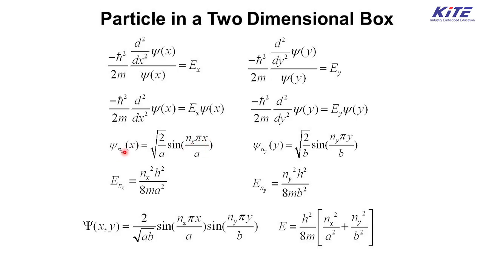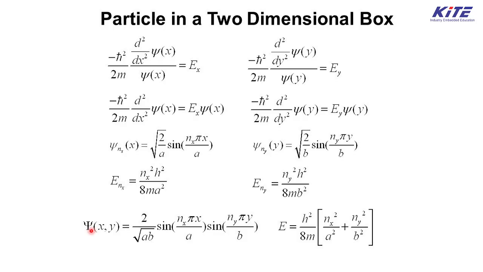The same for the y axis, psi of ny is equal to root 2 by b sine of ny pi y divided by b. So finally the energy Enx is equal to nx squared h squared divided by 8m a squared, and then for y, Eny is equal to ny squared h squared divided by 8m b squared.